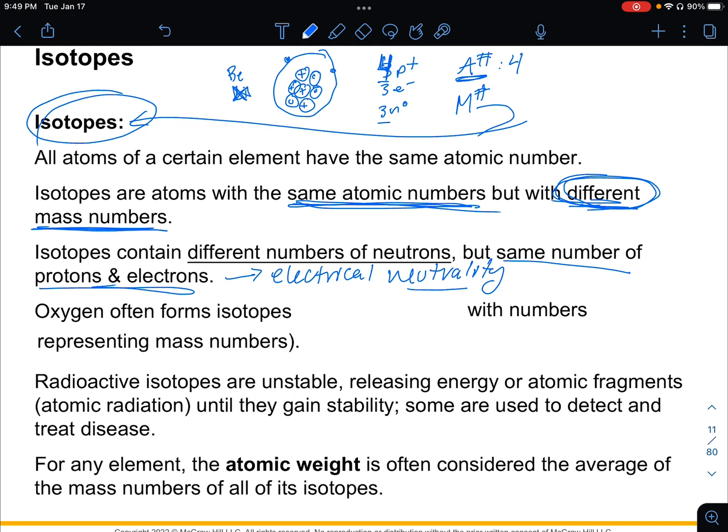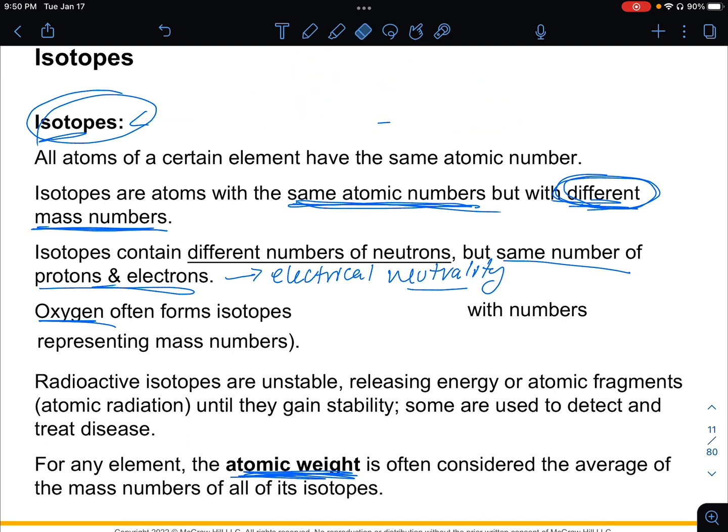When we change the number of neutrons, however, we get an isotope, and for any element, the atomic weight is often considered the average of the mass numbers for all of its isotopes. So some of our elements, like oxygen, form isotopes with other numbers. So if we were talking about oxygen here, let's say oxygen, we know has an atomic number of 8.